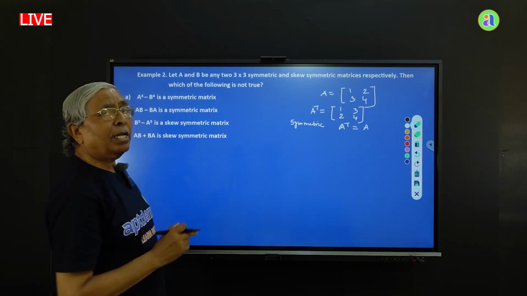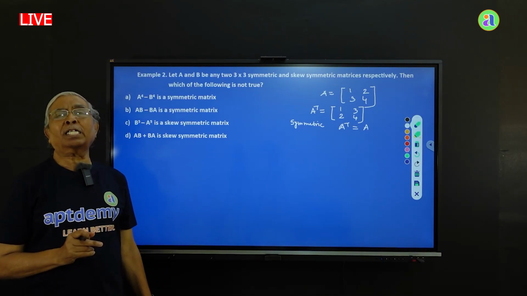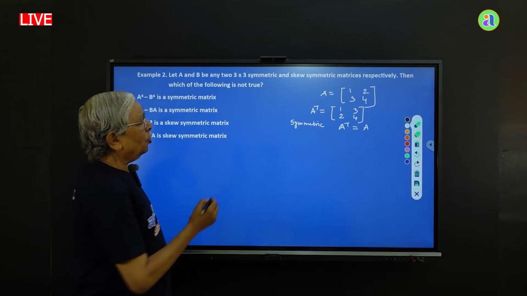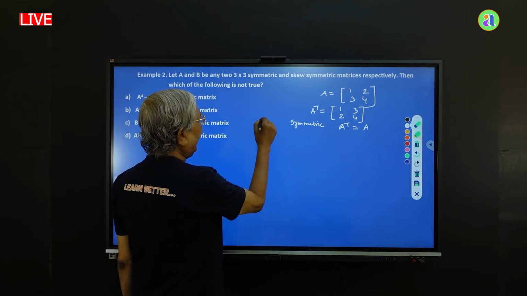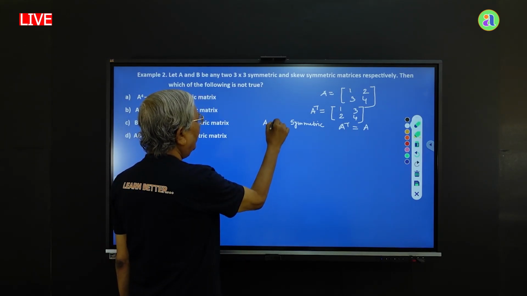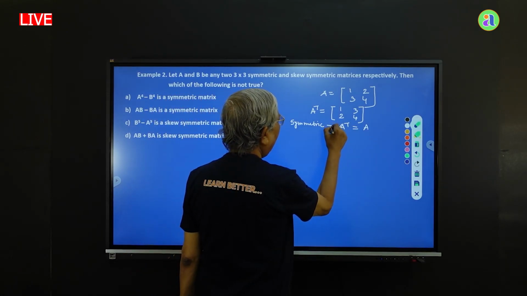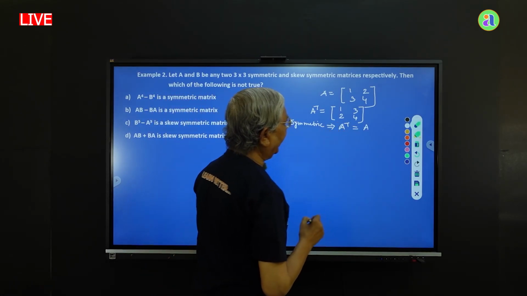Let A and B be two 3 by 3 matrices. One is symmetric and one is skew symmetric. So here you are given that A is symmetric. This implies A transpose equal to A.